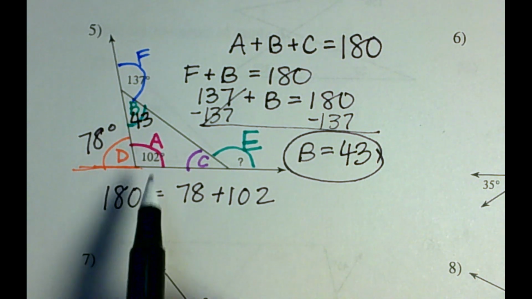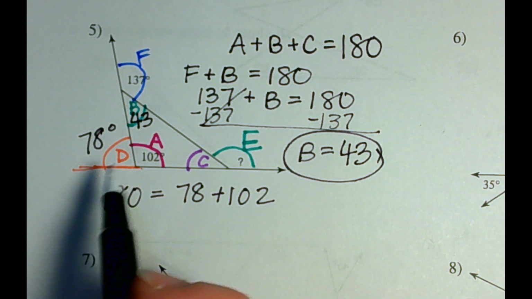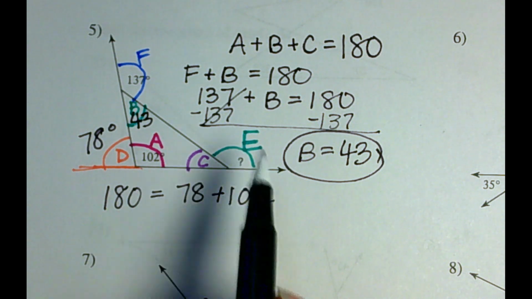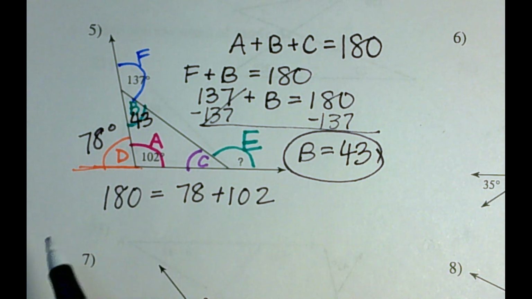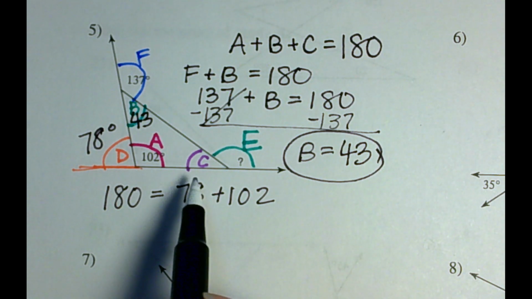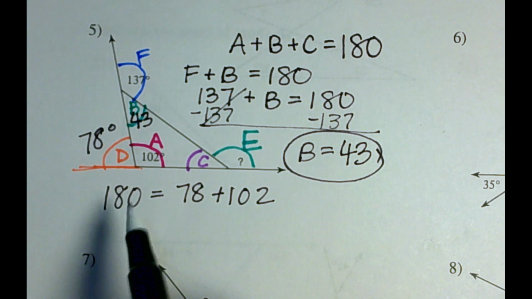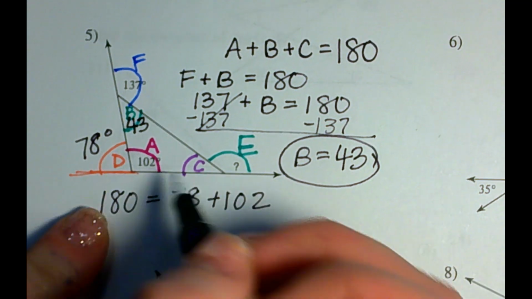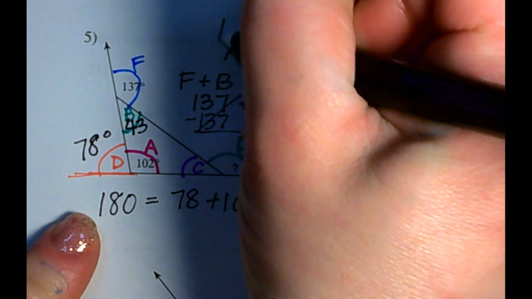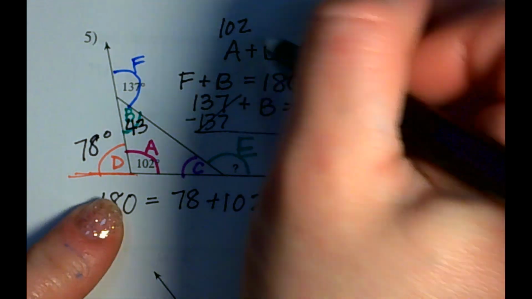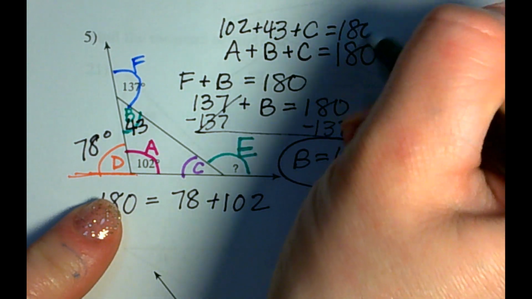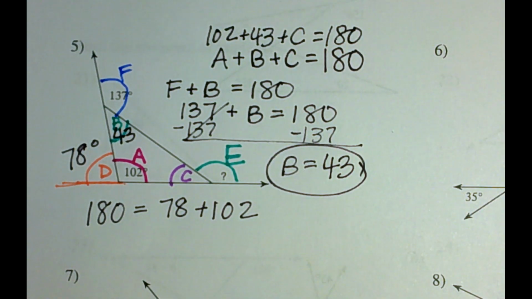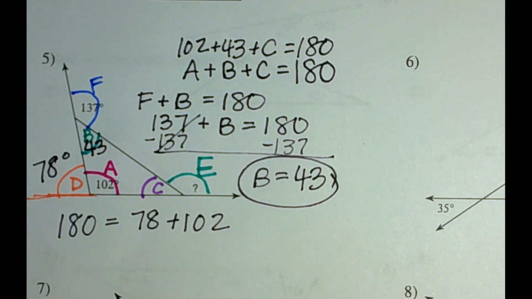Now I have A, I have B, I have D, I have F. I still need E. Can I solve for E yet? You can solve for C, then you've got E. Yes, I can solve for C now because I have A and B. A is 102, B is 43, and C we're going to find. That's our equation: 102 plus 43 plus C equals 180.